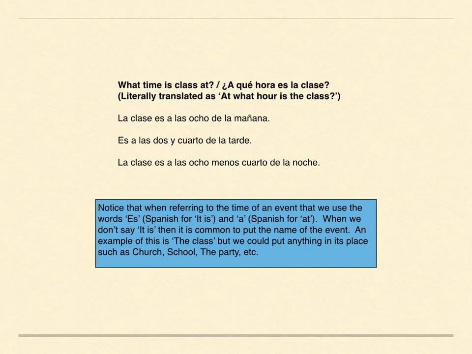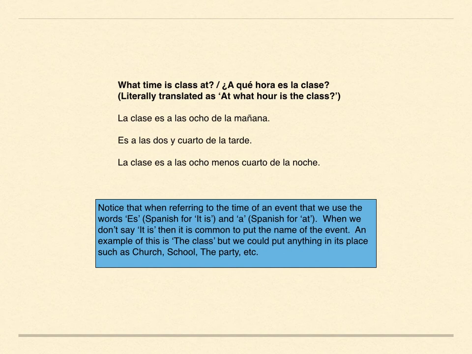All right. To answer this question, we would say the event is at. So, in this case, la clase es a las 8. Las 8 expresses 8 o'clock de la mañana. Another possible answer, es a las 2:15 de la tarde. Notice with this example, we don't specifically name an event.